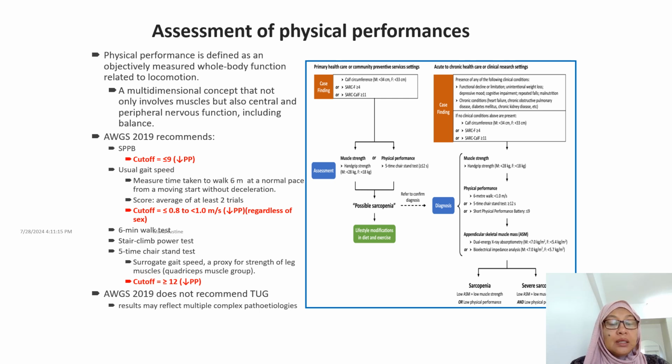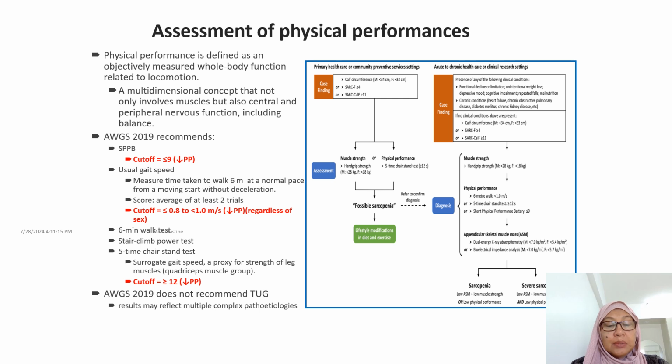So take the score, average at least 2 trials, with a cutoff score of less than or equal to 0.8 to less than 1 meter per second, which may indicate a person at a higher risk of severe sarcopenia.